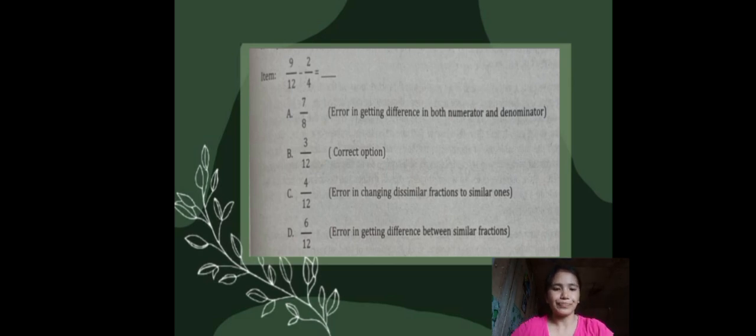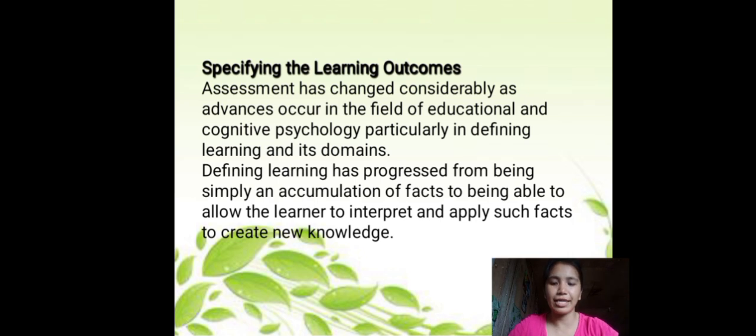So next is specifying learning outcomes. In identifying purpose of the test, yun yung doon na-motivate ang mga bata na masasabi nila nga, I need to pass the test, I need to pass this course, I need to get higher grades. While in specifying learning outcomes, dito mo makikita yung DepEd Order 73 Series 2012.